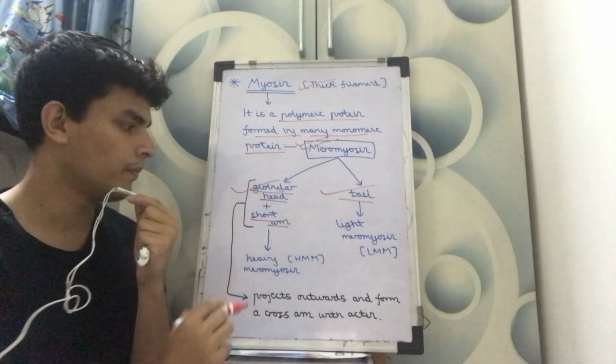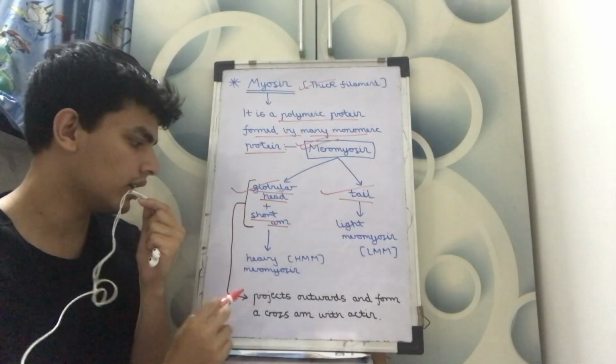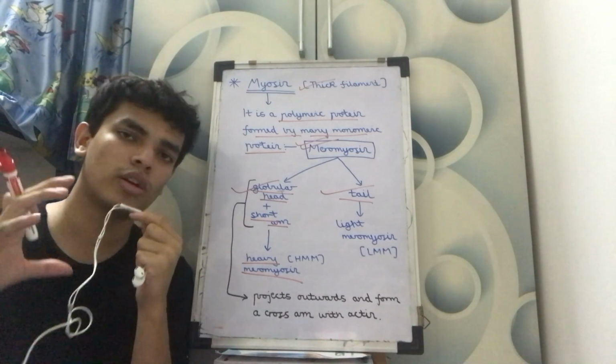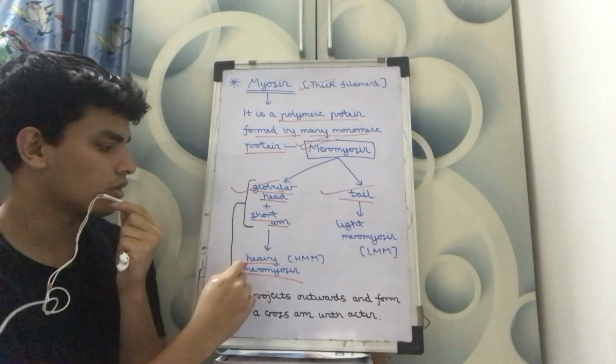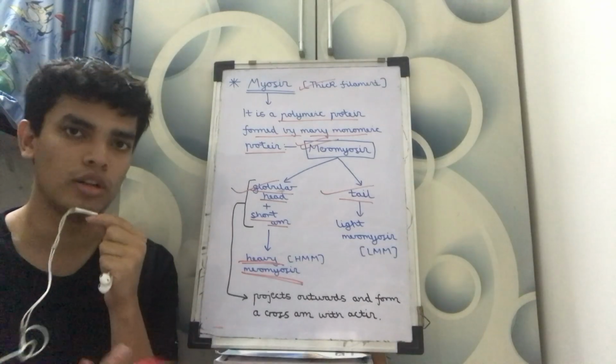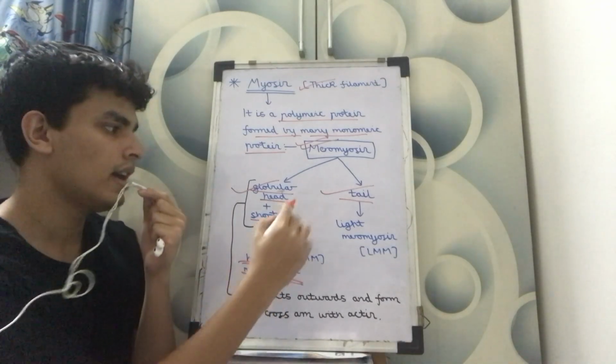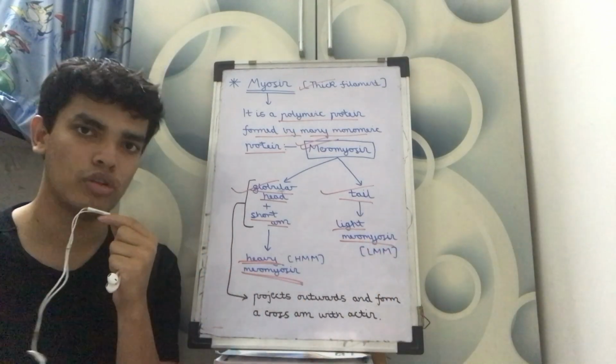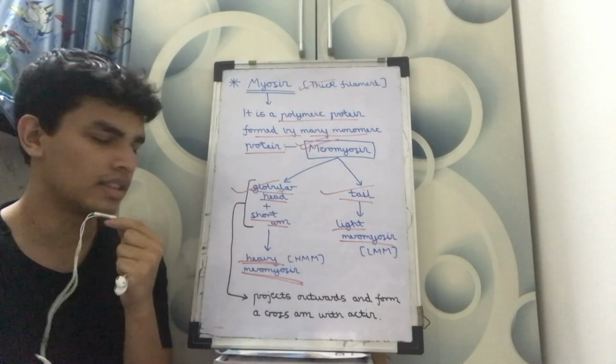And the tail is the lighter portion, called the light meromyosin. LMM or HMM, that is what we call them.